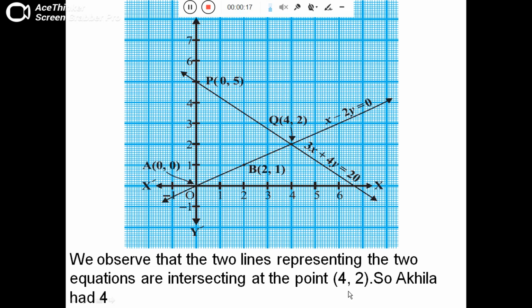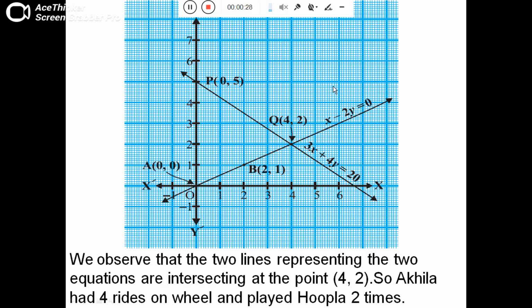So Akhila had 4 rides on the wheel and she played Hoopla 2 times. This is the answer. So we have represented this condition algebraically, means made the equation, and graphically also, and we find the solution by using the graph also. So children, before solving the equation, we can find the solution of the equation graphically also. You understand this.